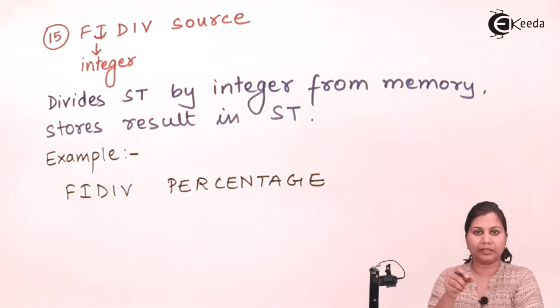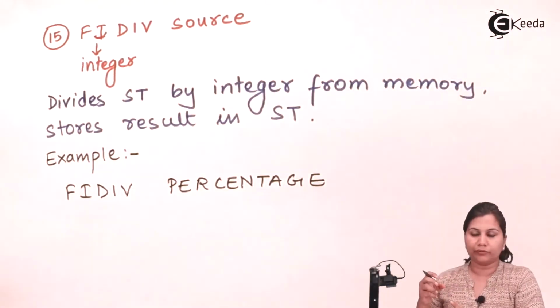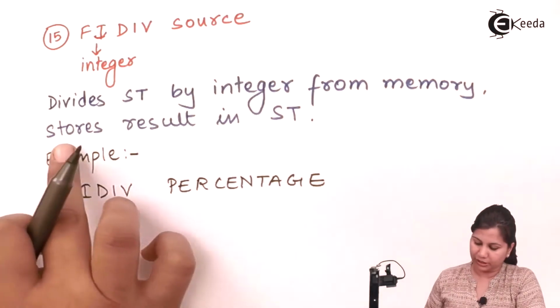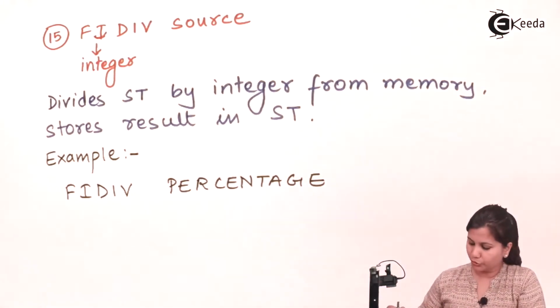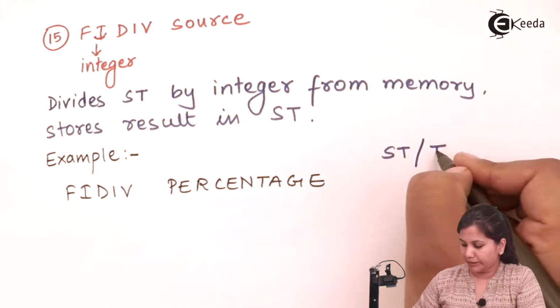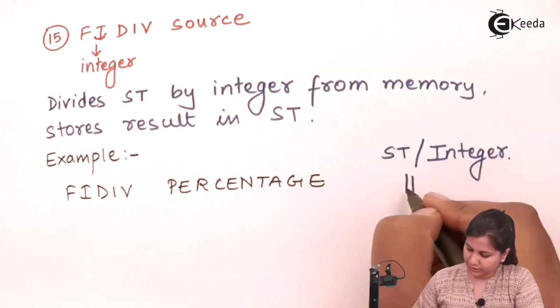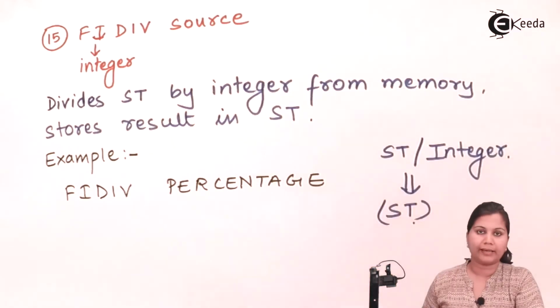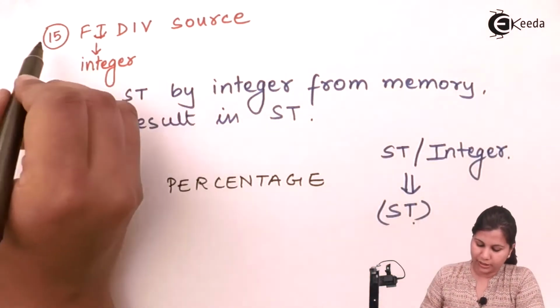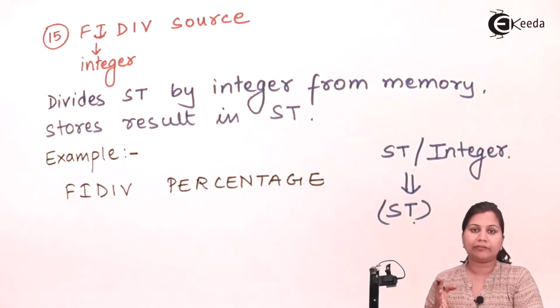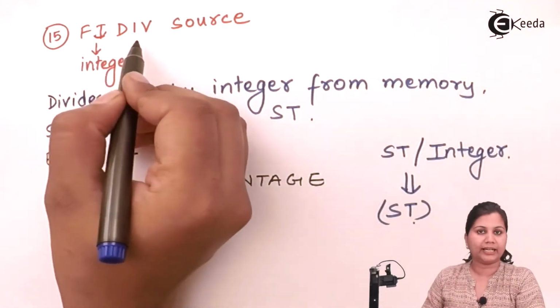At that memory location the integer number is stored, so the integer will be taken from that memory location, that is from percentage, and ST is divided by it. The result of this is stored at the top of the stack, that is in ST. So that is the instruction FIDIV. So for division we have FDIV, FDIVP and FIDIV.